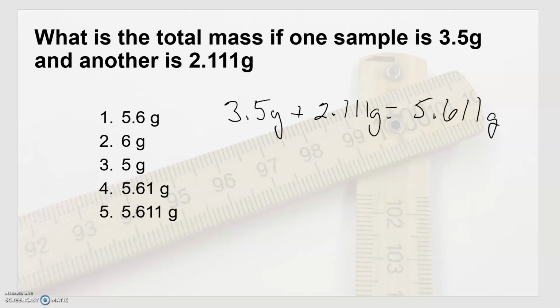So the 3.5 only has one digit past the decimal, and the other has 3. So our least number of decimal places, our least precise measurement is 3.5. So we have to round to 1 decimal place. So it's just 5.6. Excellent.